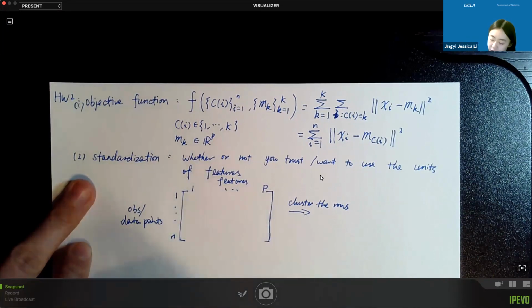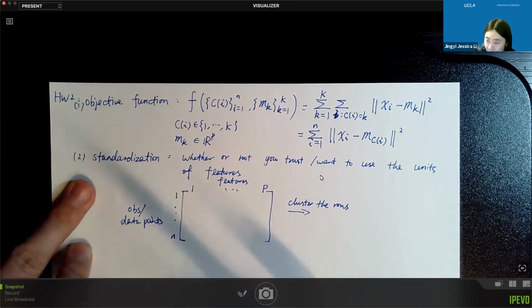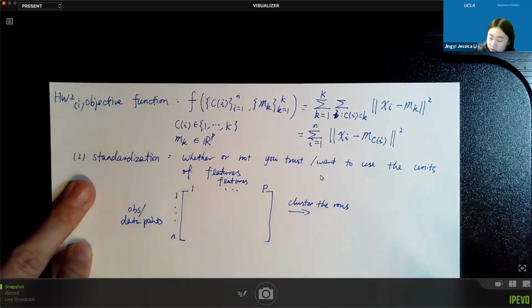But in some other data science applications, for example, if we want to cluster our clients, right? If these are bank clients and they have P features such as their age, that's one feature. Another is their education level. If we encode education level as high school 0, college 1, and then postgraduate 2, then you know for sure the age numbers are not directly comparable to the education numbers.